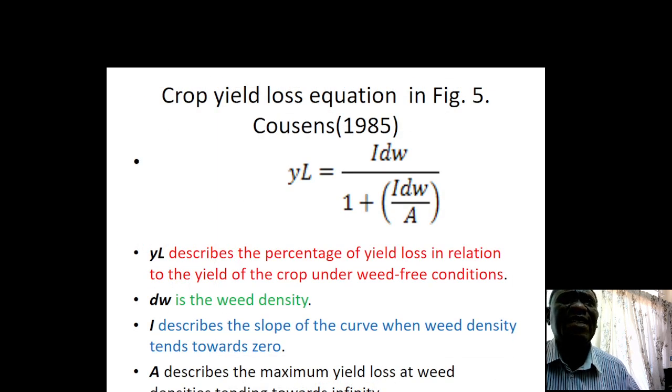So we can say yield loss is equivalent to the slope times weed density, divided by 1 plus, in brackets, slope times density divided by maximum yield loss, which is A. And that will give us the yield loss from that equation.